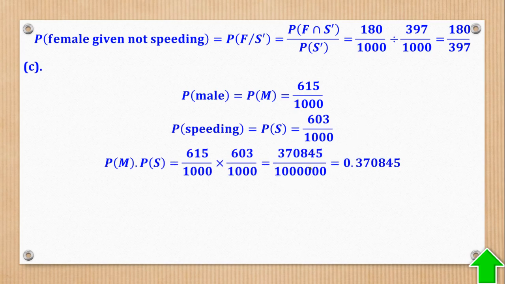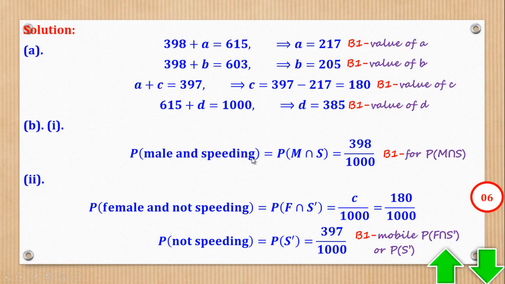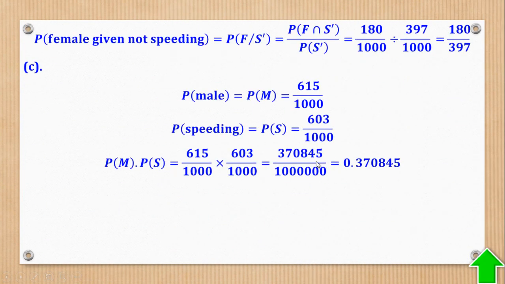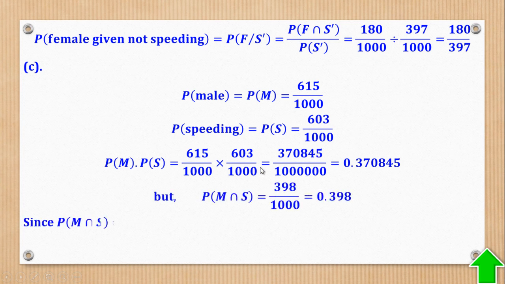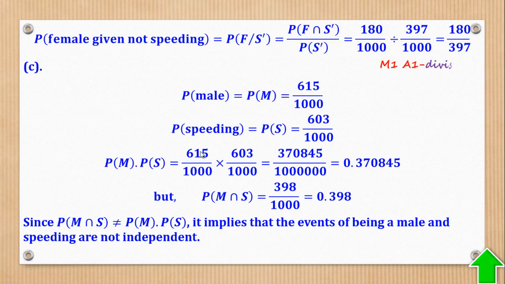But remember, we saw previously that the probability of male and speeding is 398 over 1000, meaning these two are not equal, and because they are not equal, it implies that they are not independent. So basically, that's what they wanted in this question.